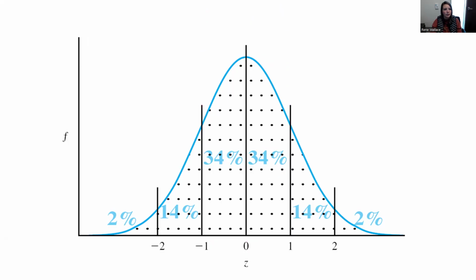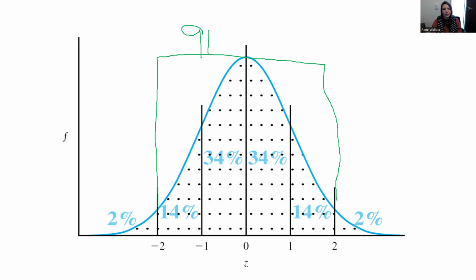And then that means 14% here. So this is our second standard deviation. So that's 2. So 34 plus 34 plus 14 plus 14 equals 68, 82, 96. I knew that.